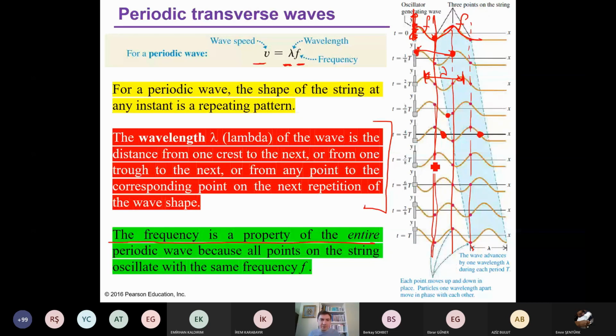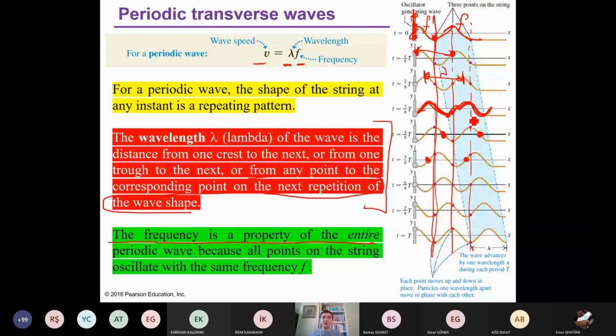So what was the definition? From any point to the corresponding point on the next repetition of the wave shape. So the wave shape repeats itself, okay? Look at the shape of the wave. This is a single wave, let's say. And here you will have another wave after a certain time, or after a certain distance. So this wave shape will be repeated.